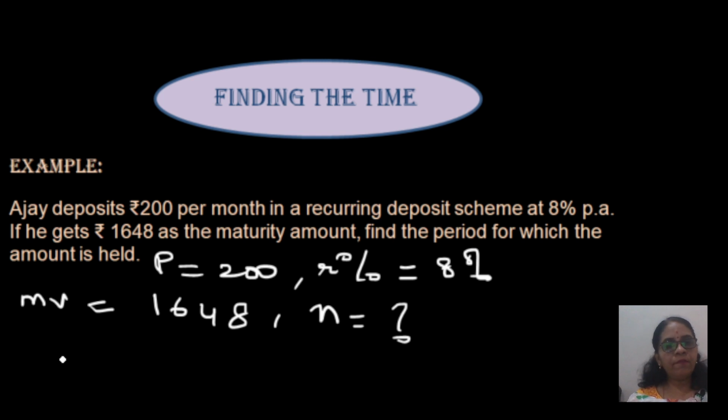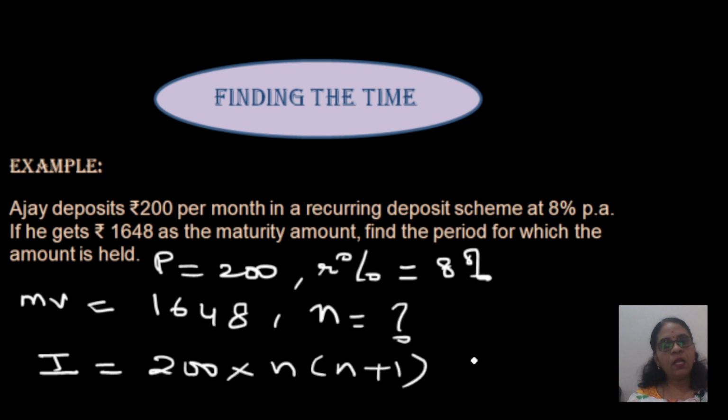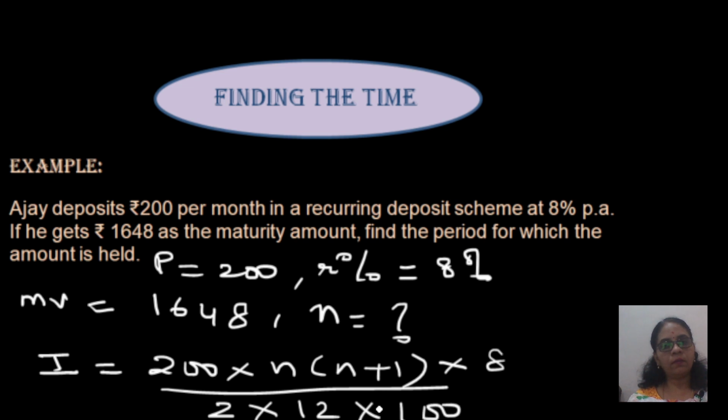So, as every time we have to first find the interest. Children, what is the formula for interest? It is P into n into n plus 1 into r, which is 200 into n into n plus 1 into 8 by, write a common denominator, 2 into 12 into 100.